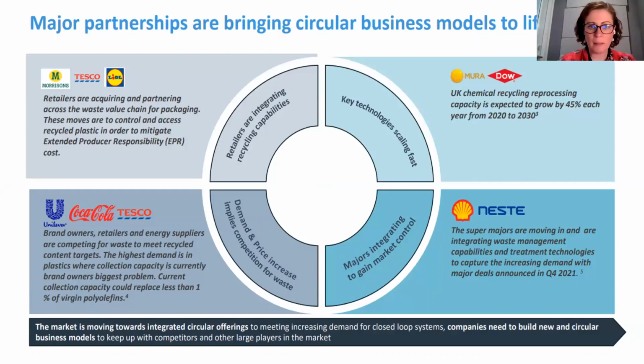And I've got some examples here around this circle that show what some are doing, and I'll go into more detail on some of this in the next slide. But you are seeing the likes of retailers, for example. We're working with retailers just now who are looking at investing in and acquiring mechanical recyclers. Again, a completely different bit of the value chain from where a retailer would normally be.